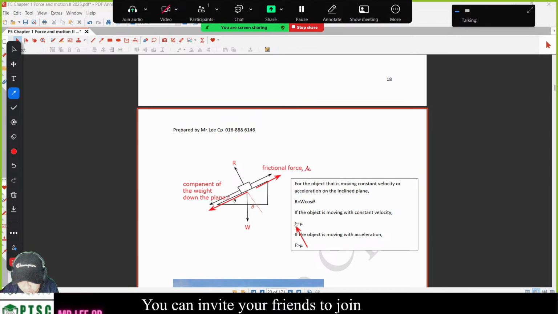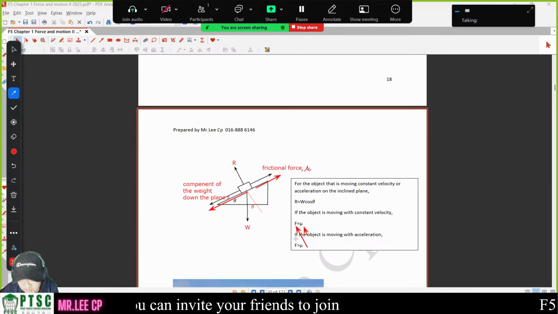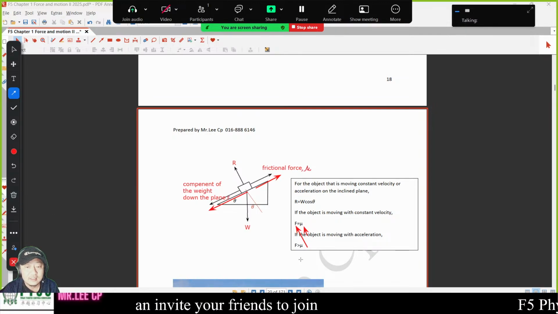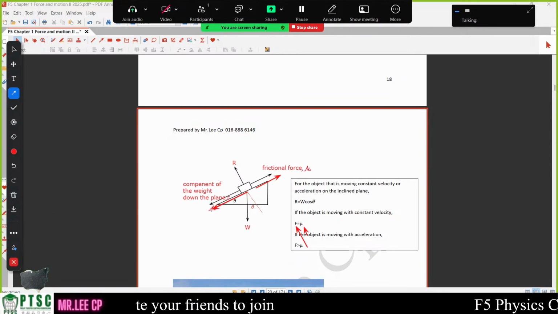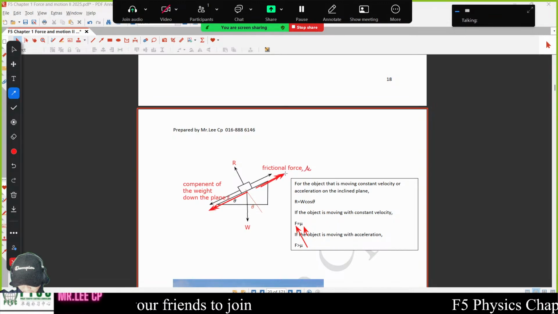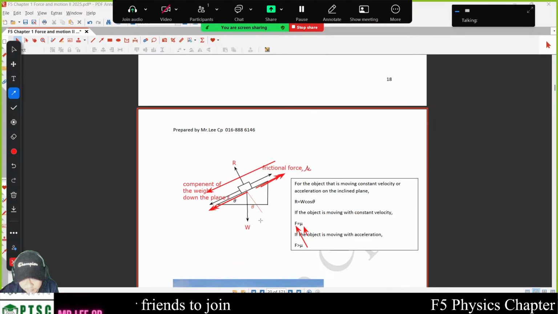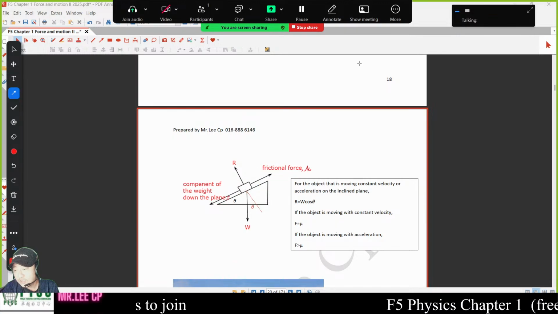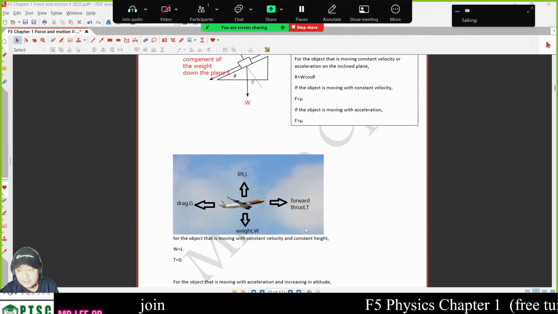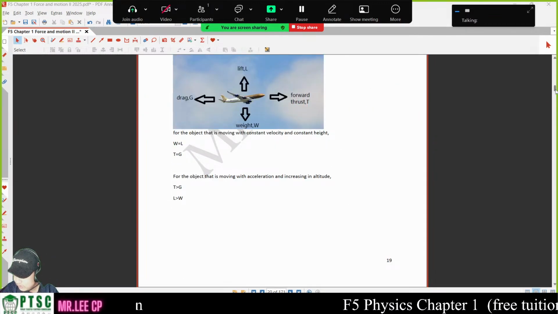If bigger, then W sine 30 minus friction is equal to ma. This one, no calculation. I just tell you the situation. Now we do calculation.